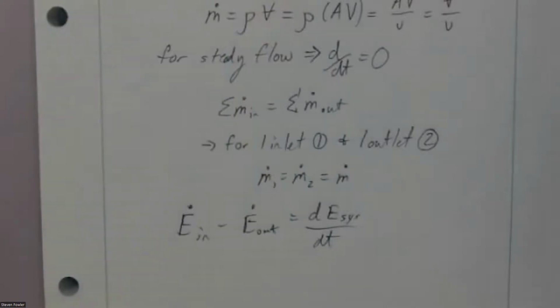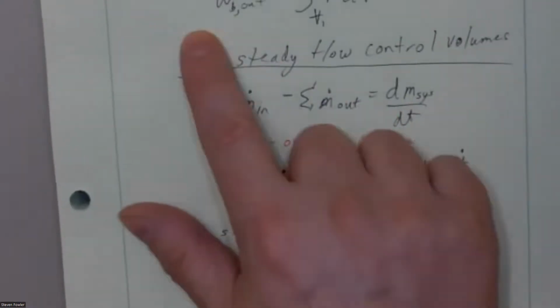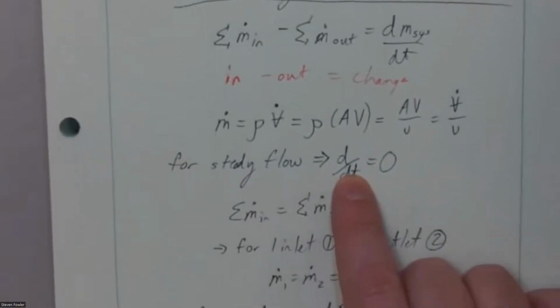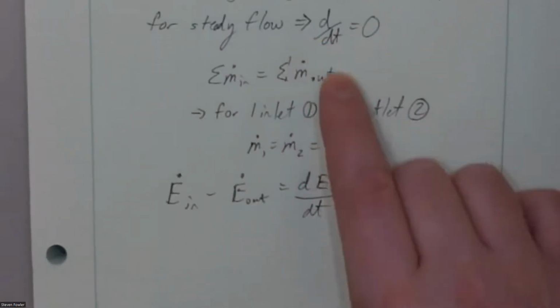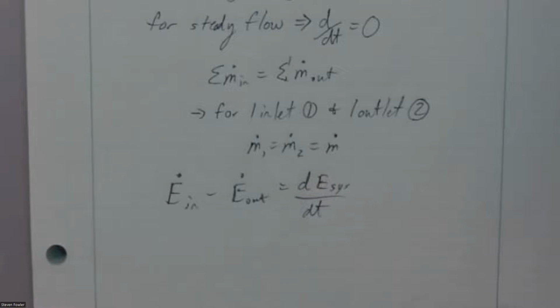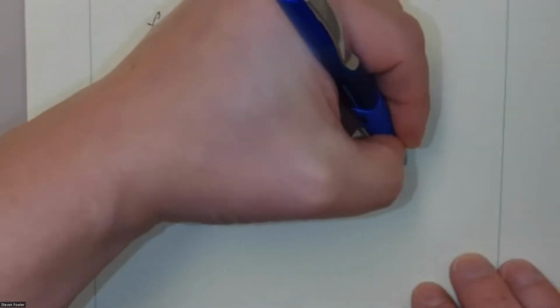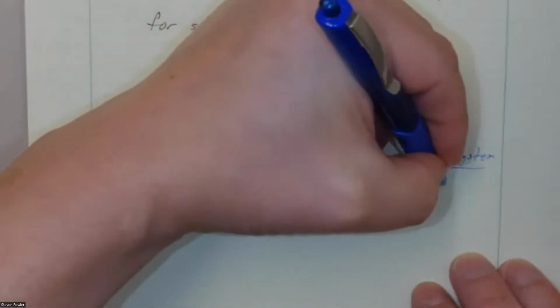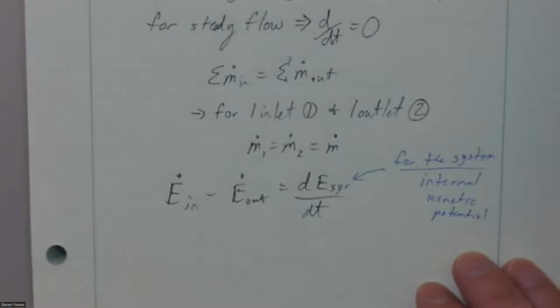Well, if I've got a steady flow control volume, steady flow means nothing's changing with respect to time. So that means the internal, right? So again, this E system represents the internal, kinetic, and potential energy of the system.